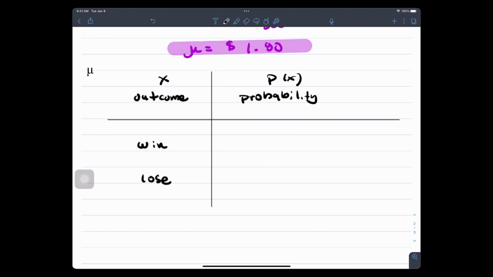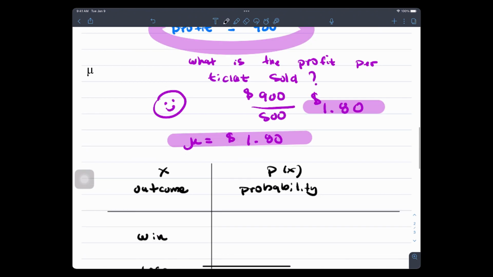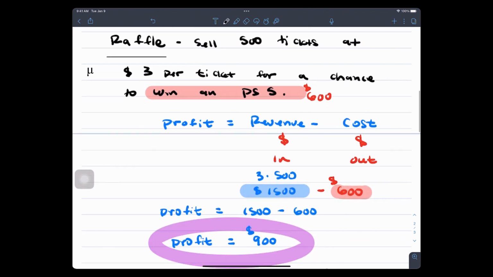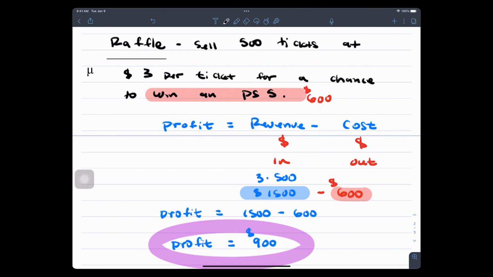Okay? Now, for this raffle, can you guys tell me what's the probability that you win this raffle? Believe it or not, you can actually figure that part out.